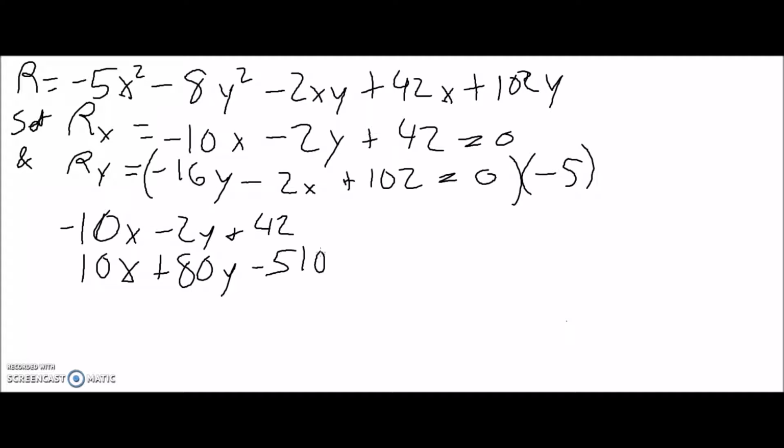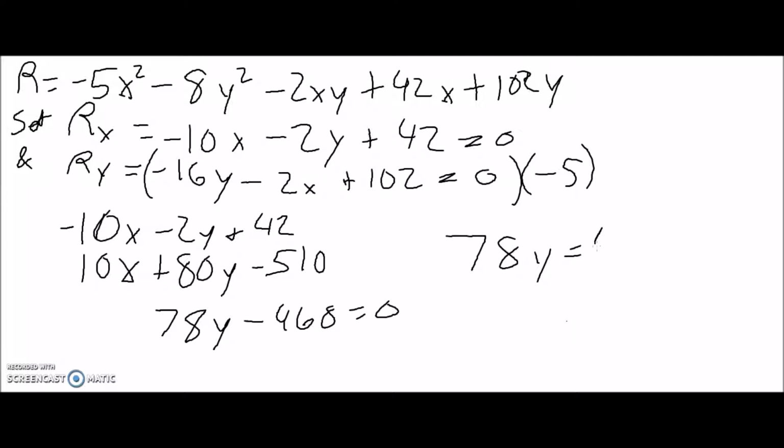When we combine those, we get 78y minus 468 equals 0, which gives 78y equals 468, which allows us to solve for y equal to 6.